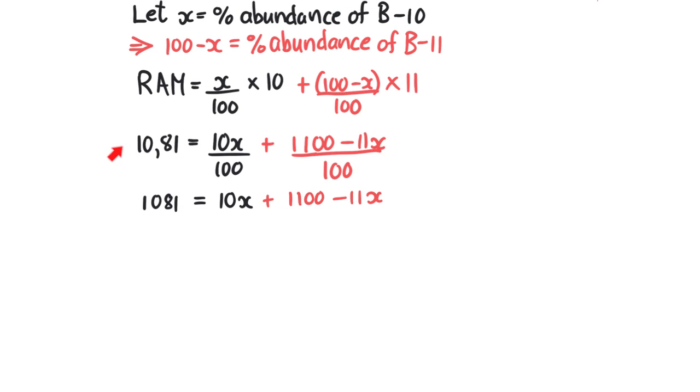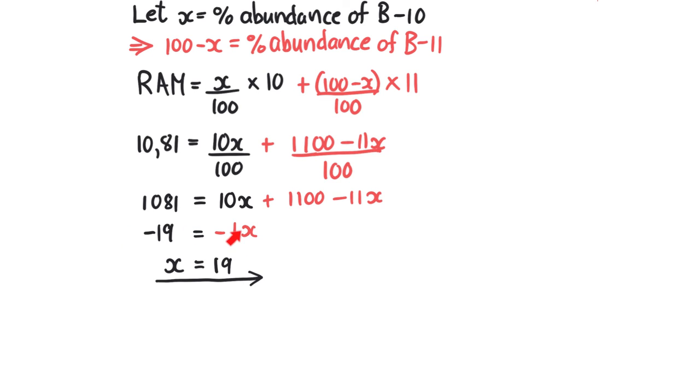We now multiply both sides by 100 to get rid of these denominators of 100, so we get 10.81 multiplied by 100 gives us 1081, which equals 10x plus 1100 minus 11x. So we take the 1100 to that side, change the sign, so 1081 minus 1100 gives us minus 19 equals 10x minus 11x gives us negative 1x.